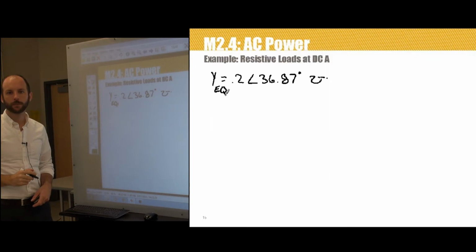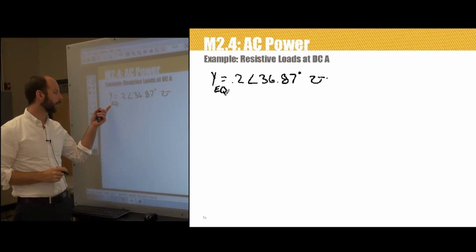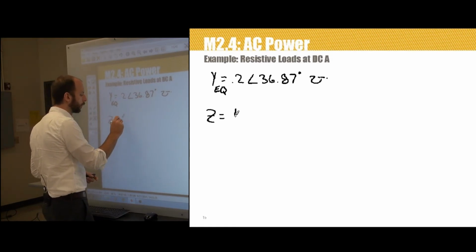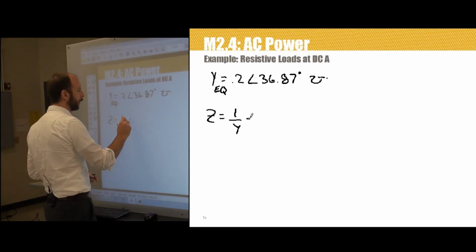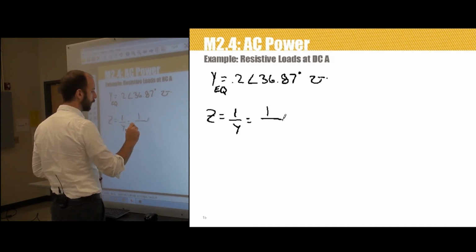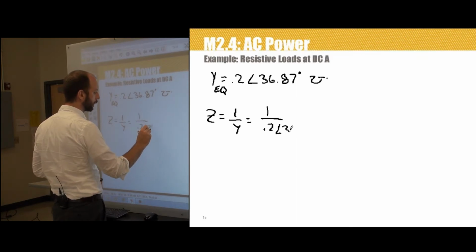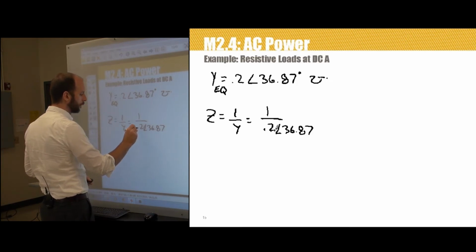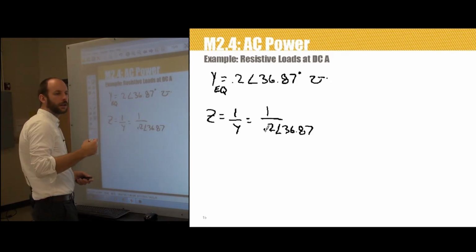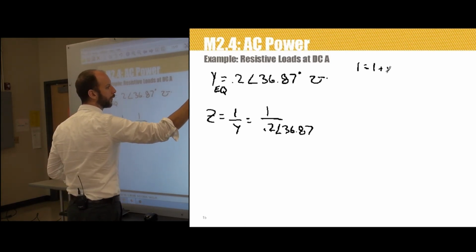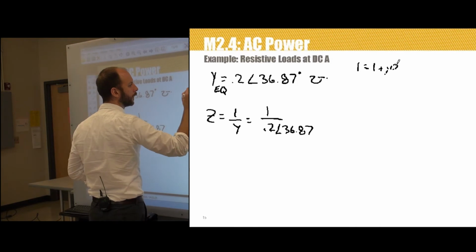Well, I can't do anything with Ohm's law with admittances, so let's go back to impedance. Remember, Z is just 1 over Y. So 1 divided by 0.2 at an angle of 36.87. 1 in complex notation is 1 plus j0, which is equal to 1 at an angle of 0 degrees.